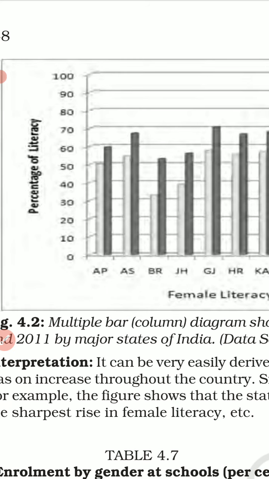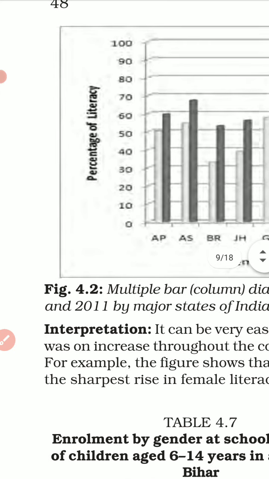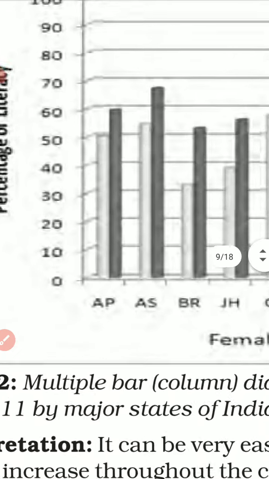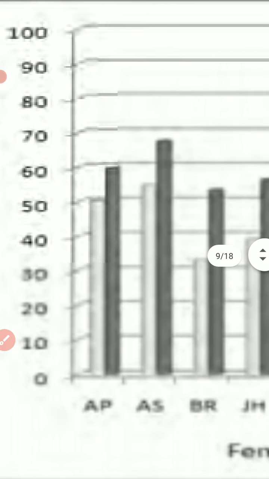So in the multiple bar diagram, two sets of data are shown. One is with a different color and another is with a different color, so that you can separate the information which you are going to show. You can see the data also.